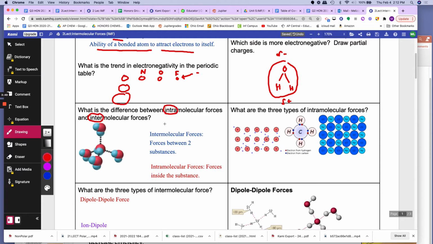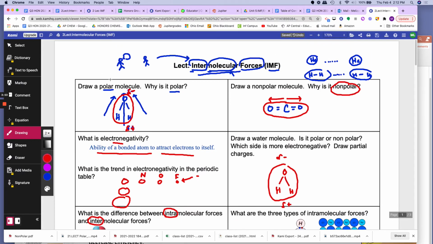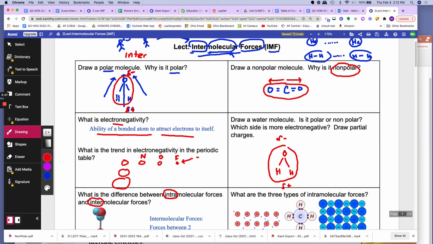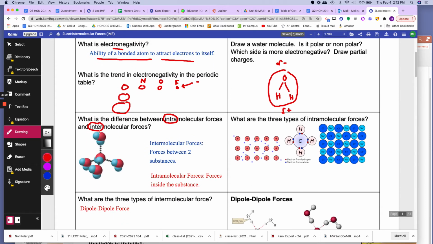Sometimes you will hear the word intermolecular force versus intra. Now you're getting a little bit confused. Inter is between two people. You are interviewing each other. So in this example, this is oxygen here, and this is hydrogen, and this is hydrogen. Intermolecular force is this dot, dot, dot force in between them.